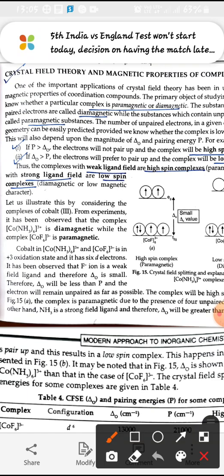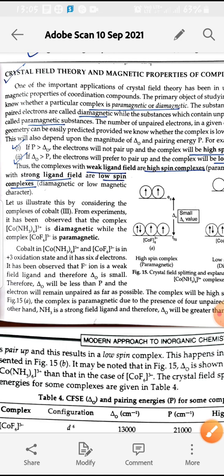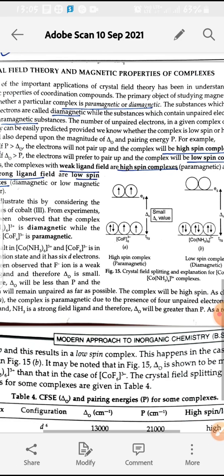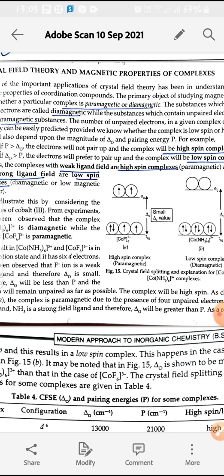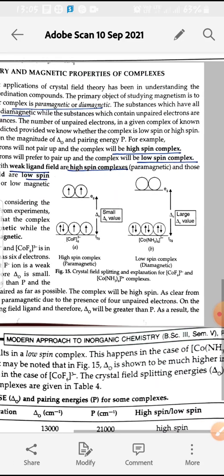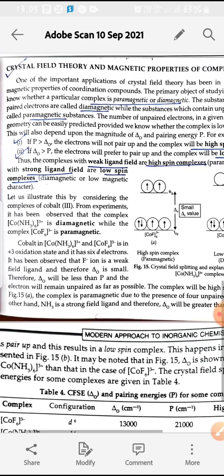If delta O is greater than P, meaning the crystal field splitting is greater than the pairing energy, then the electrons will prefer to pair up and there will be low spin complexes, and this happens only in the case of strong field complexes.